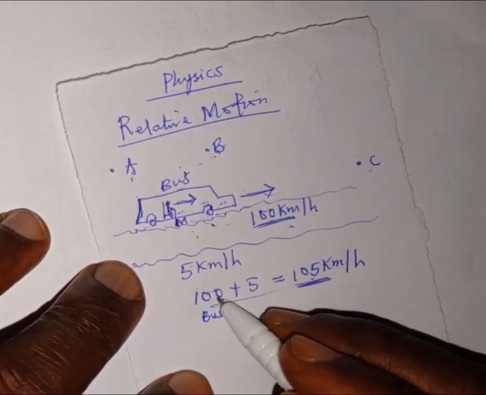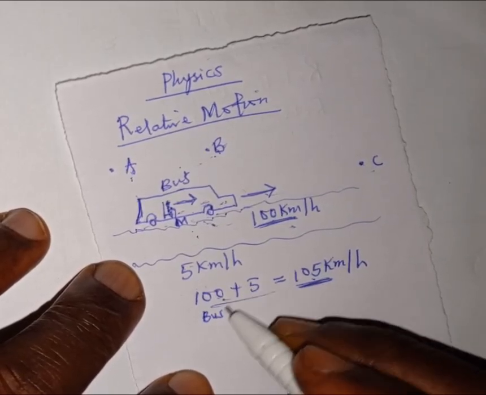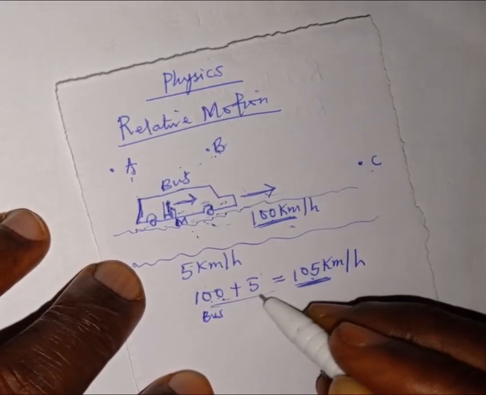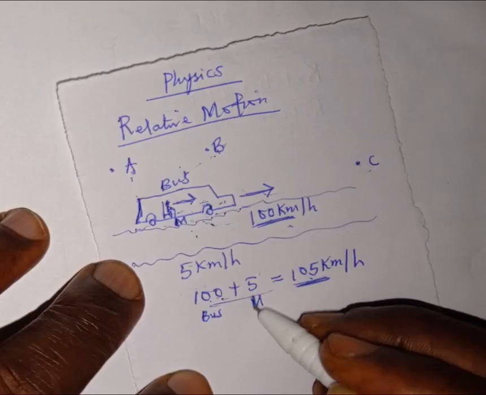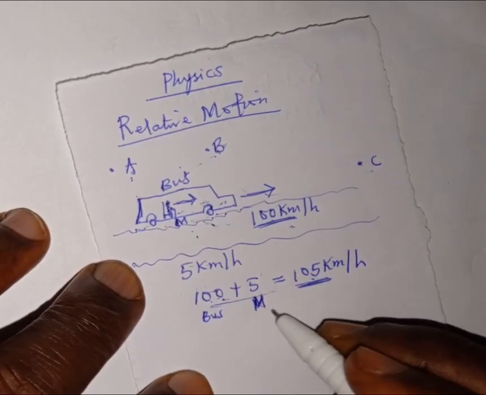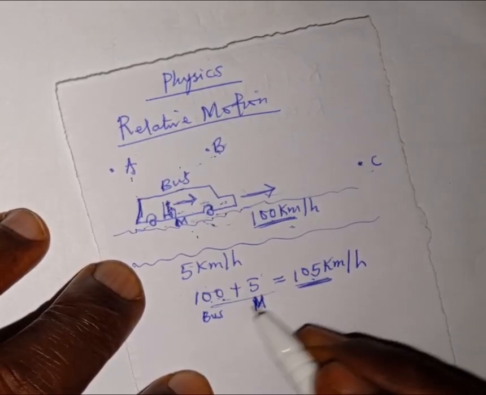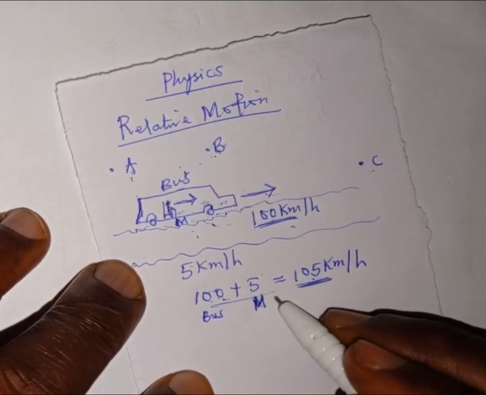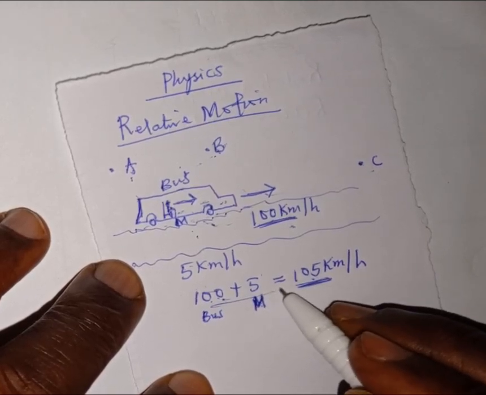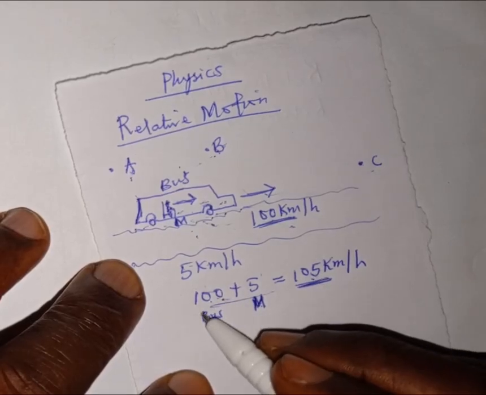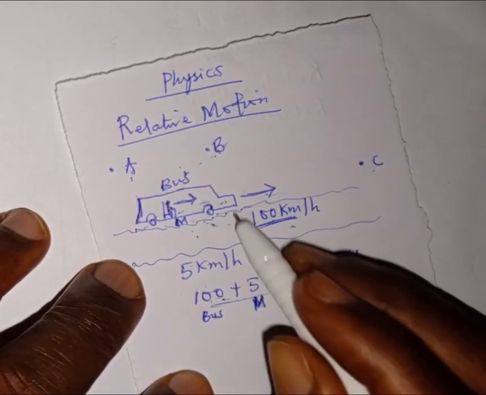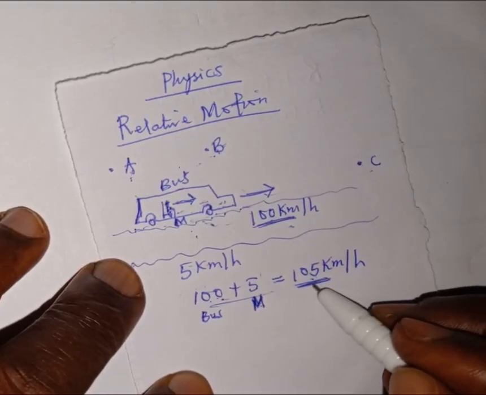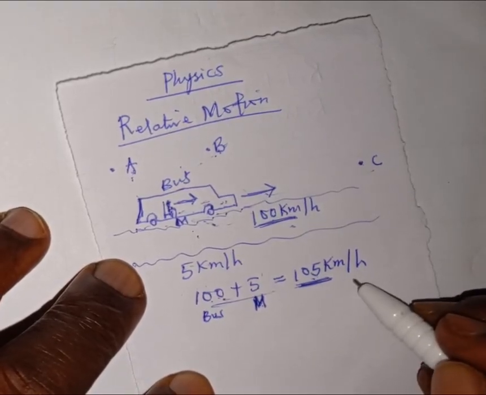The bus was moving at 100 kilometers per hour. Mike is now moving at 5 kilometers per hour. The total speed of Mike, the one he acquired from the bus, plus his own that he added, now makes up 105 kilometers per hour.